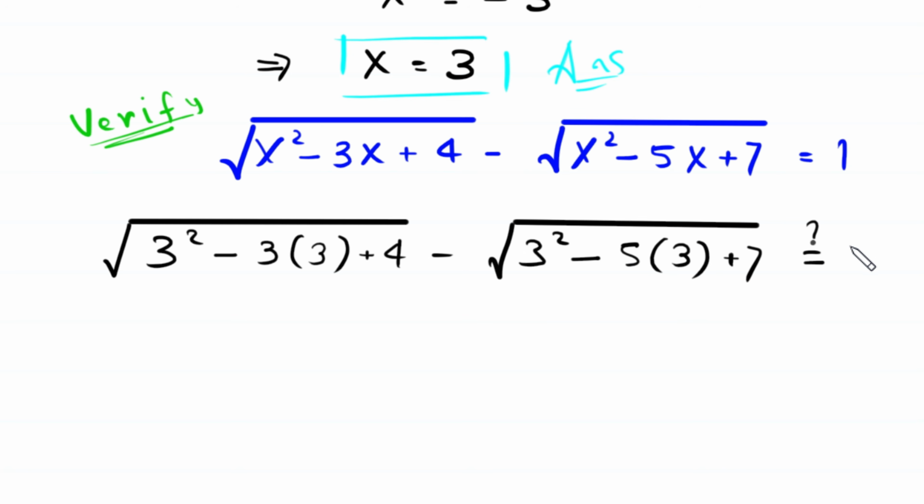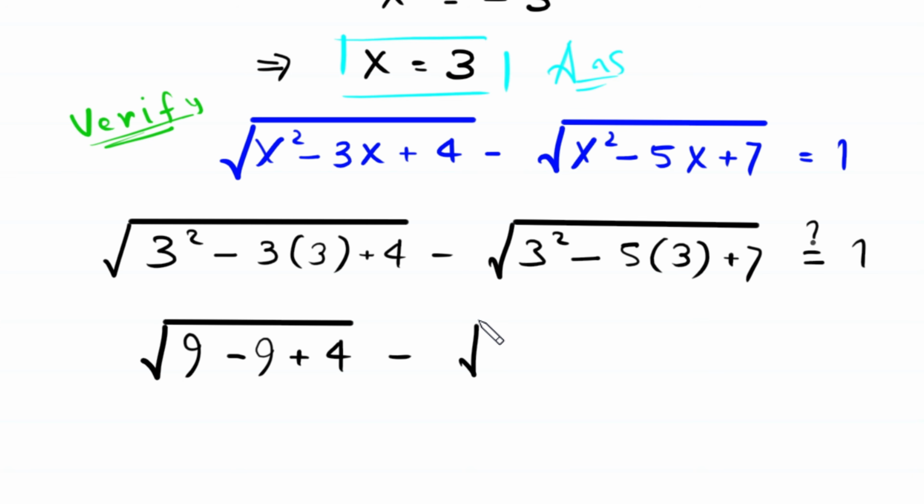Is this equal to 1? Further simplify, this will become square root of 3 squared is 9 and negative 3 times 3 will become negative 9 plus 4, minus square root of 3 squared is 9 and negative 5 times 3 is negative 15 plus 7.